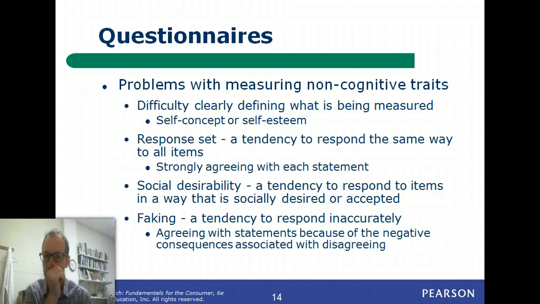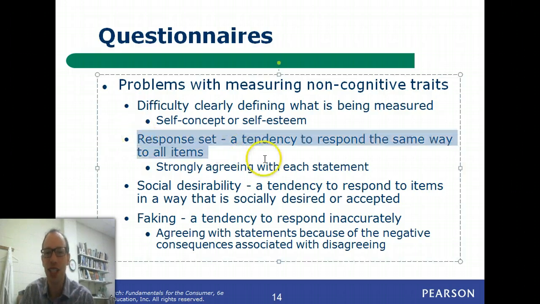So some problems with questionnaires, and these are kind of funny because I'm sure you've all filled out a questionnaire without wholeheartedly putting yourself into it. So sometimes you're not quite clear what it is that you're actually measuring; you think you're measuring one thing, but it's actually something very different. This is very common.